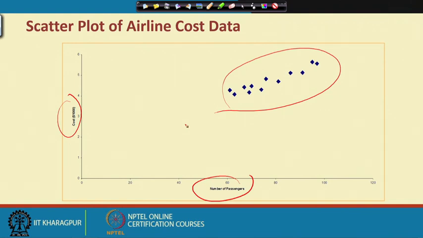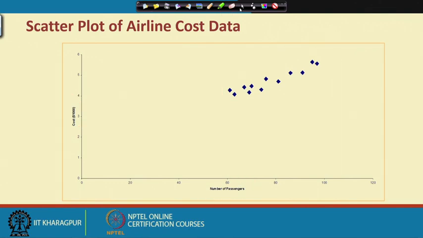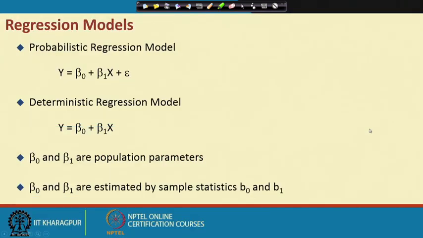That is how regression analysis can be applied and used for this particular quantification.